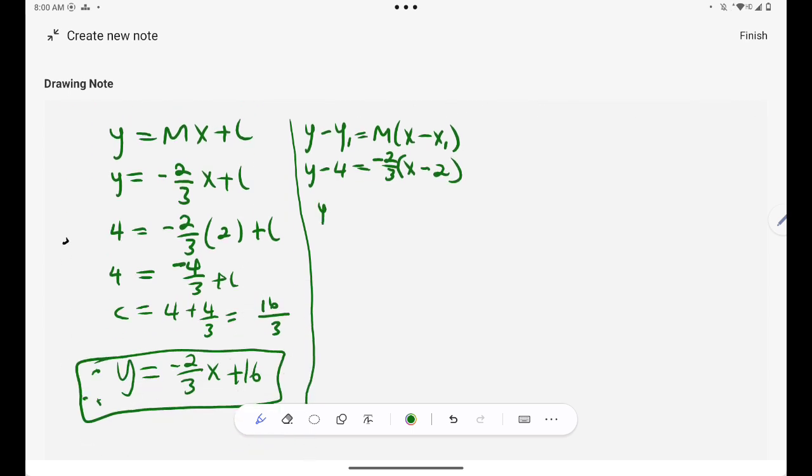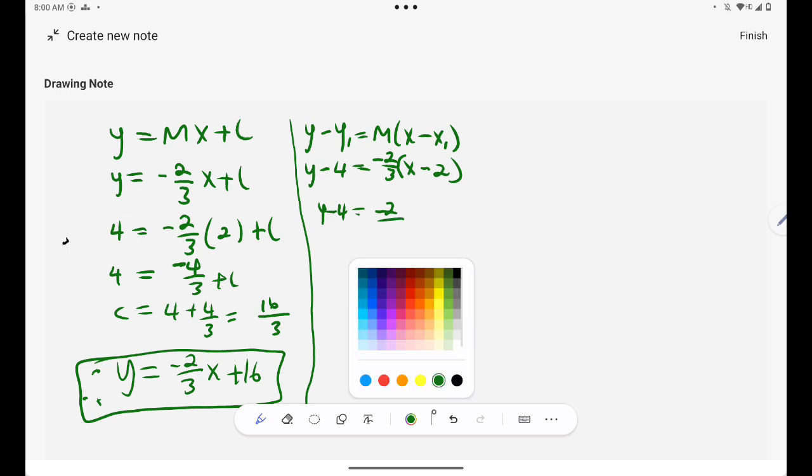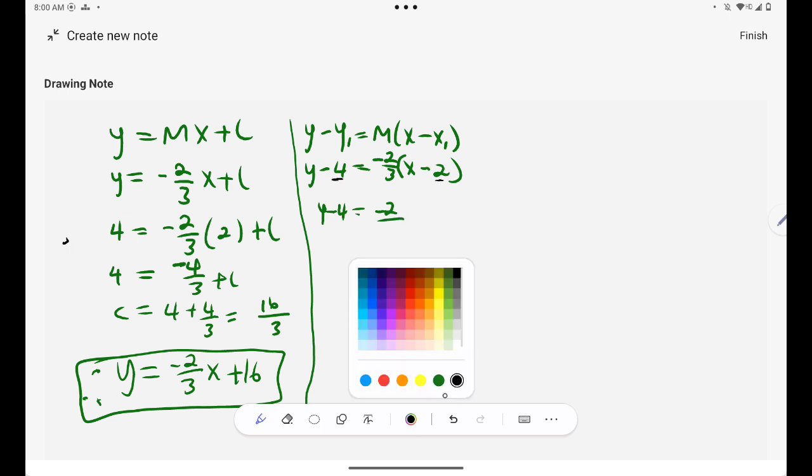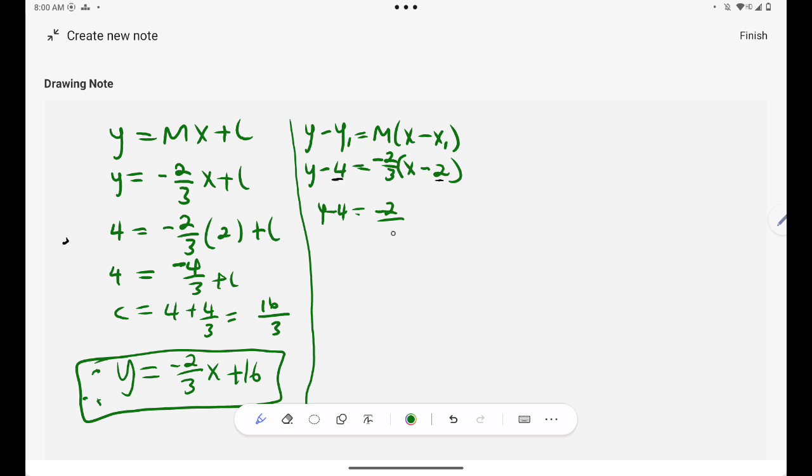Okay, so y minus 4, please remember that I use point A, hence I have a 4 and a 2 there. Are you together?